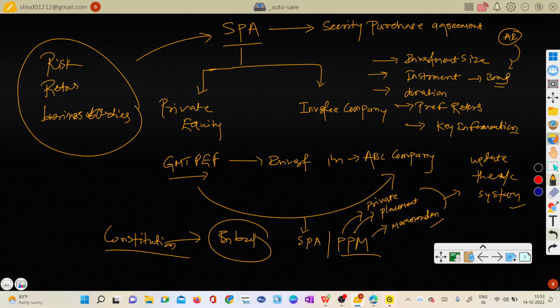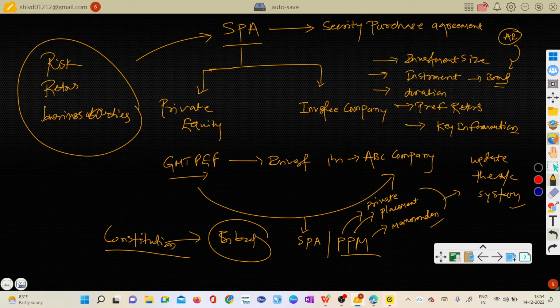But let me tell you something, SPA you would see in normal businesses as well. If normal businesses are looking for an investment from an institution or funds, in that case they'll prefer to sign a security purchase agreement to have better transparency and governance in place to trace each and every activity or investment portion. It's a very important document.